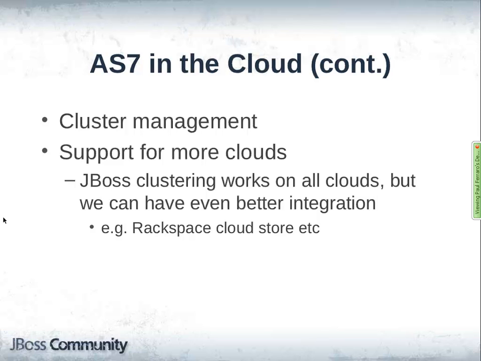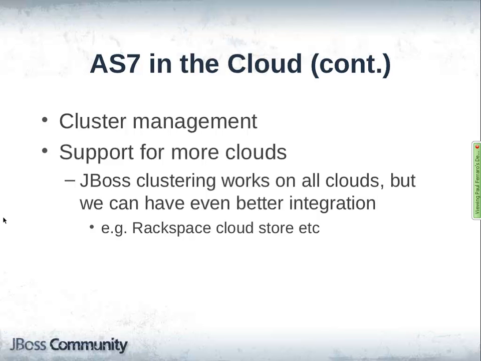For example, we have specific support for AWS, the EC2 cloud by Amazon, and there we also hook into S3 for discovery, but we can do the same thing for other clouds such as Rackspace Cloud Store. So for example, we could be using something like Rackspace Cloud Store for discovery.